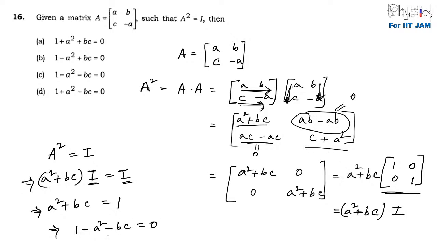So I get the answer as 1 minus A square minus BC equals 0. That is option C. Yes, Saurav, the answer becomes C.